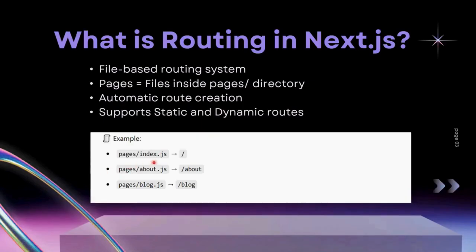Here the index page is the first page: localhost:3000 slash, this page will open. If you go to localhost:3000/about, the about page will open, and localhost:3000/blog, the blog page will open. Now you can understand easily.